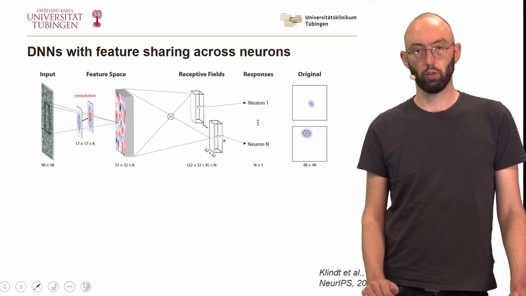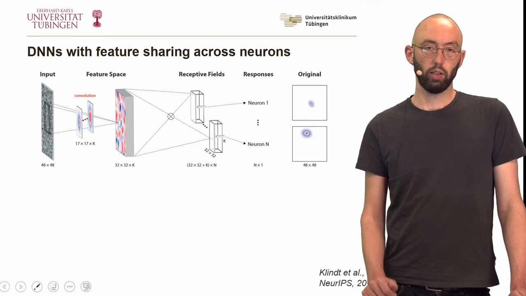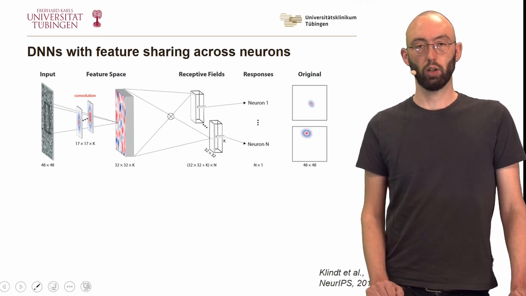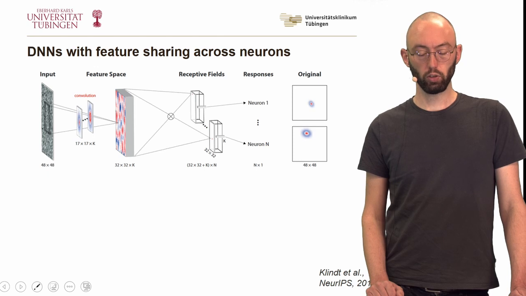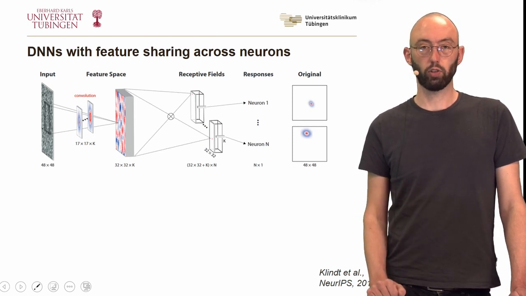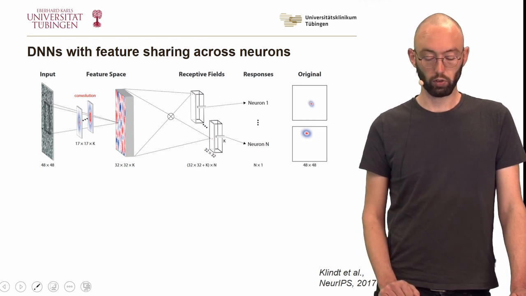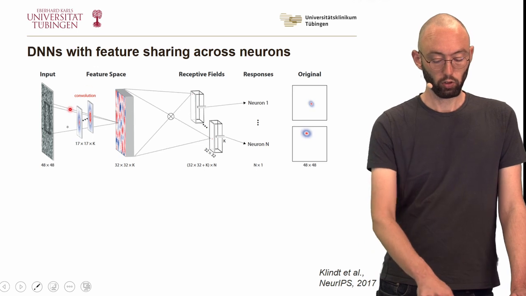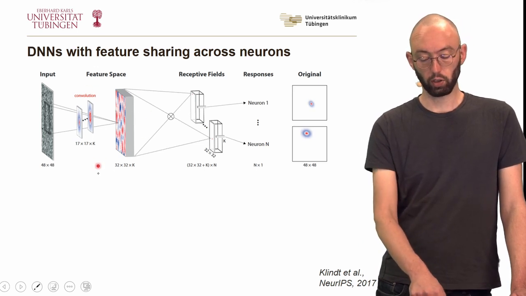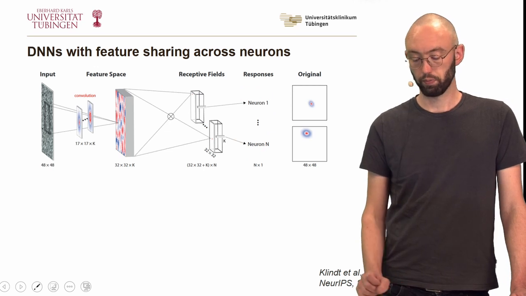With this toolbox of deep learning, we can even implement more complex models. While the models that I talked about up to now had features that were trained for individual neurons, we can now also use feature sharing across neurons. So we can use a feature space that is learned from the data, but models the responses of individual neurons.